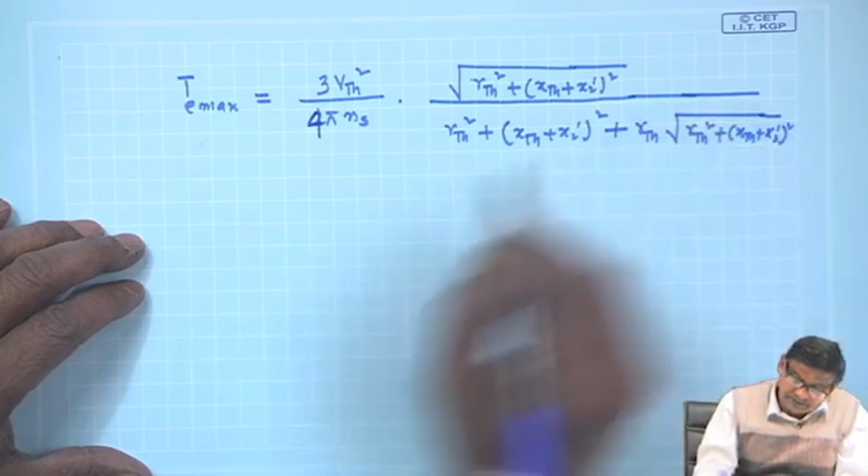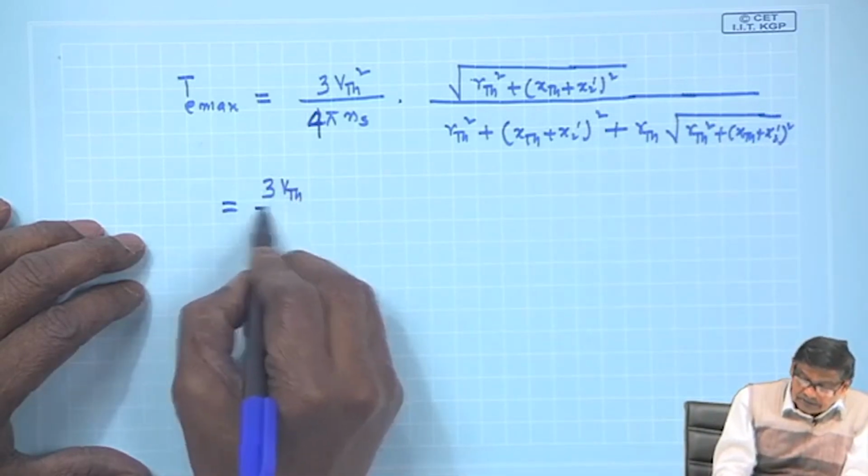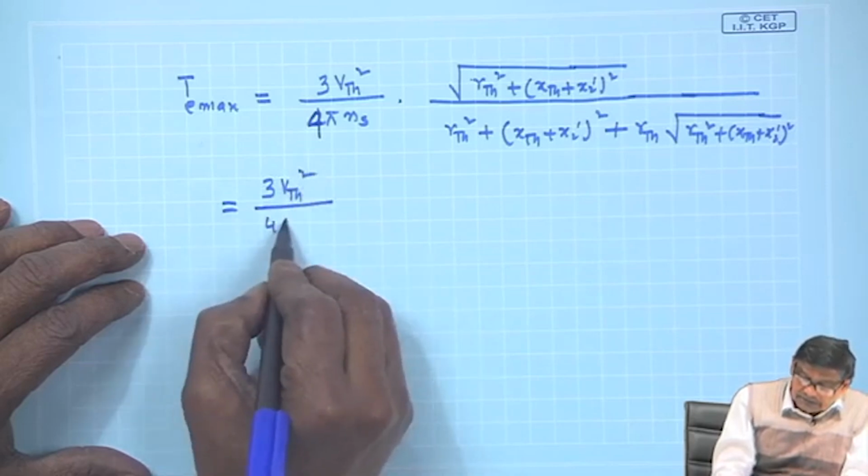It will be like this, and you know the next step is obvious, that is this 4 pi n s is there.